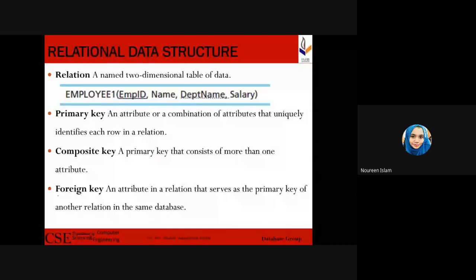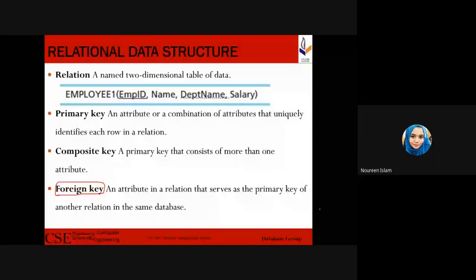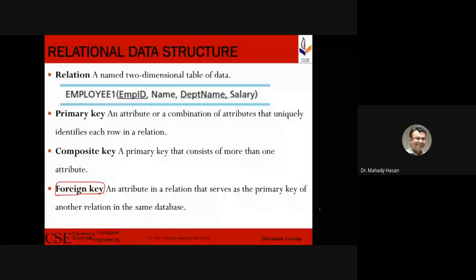Department name is foreign key. Why department name is foreign key? Because it is a primary key for another entity. That is why it is foreign.